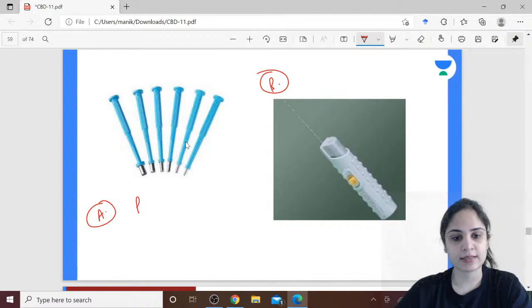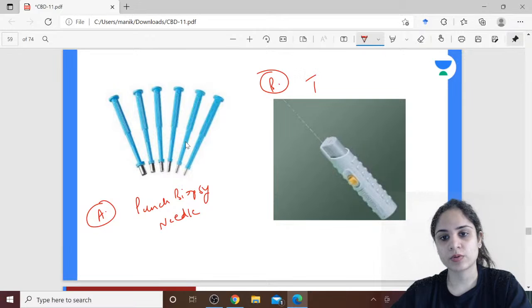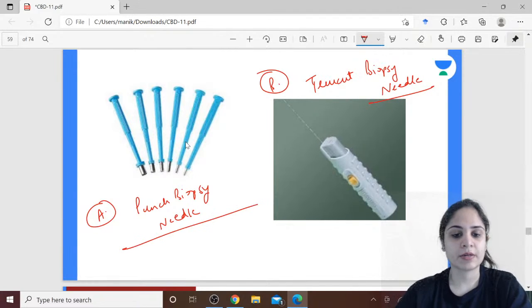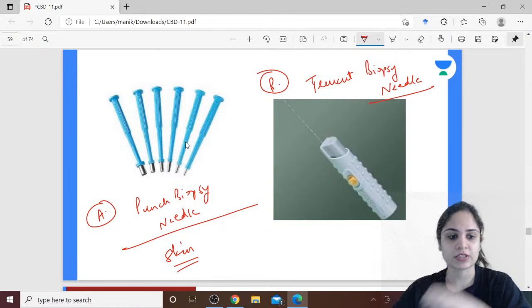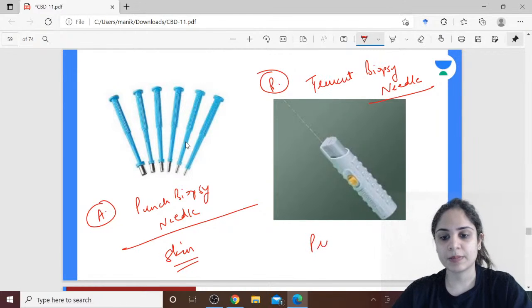Okay, so A is nothing but a punch biopsy needle and B is a true cut biopsy needle. In which condition do you take punch biopsy? In which condition do you take true cut biopsy? Okay, so if you want to take biopsy from your skin, we use a punch biopsy needle. If you want to take biopsy from your prostate or breast, we use the true cut biopsy needle.